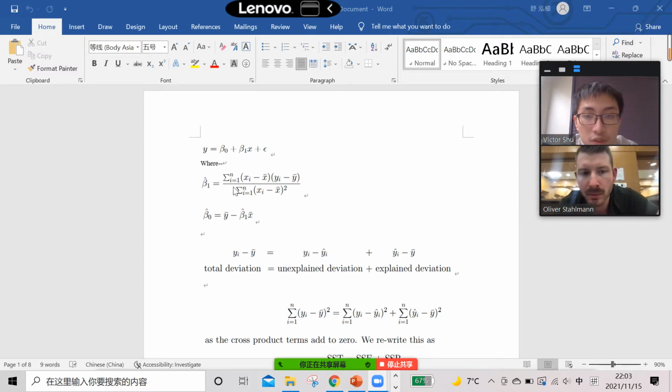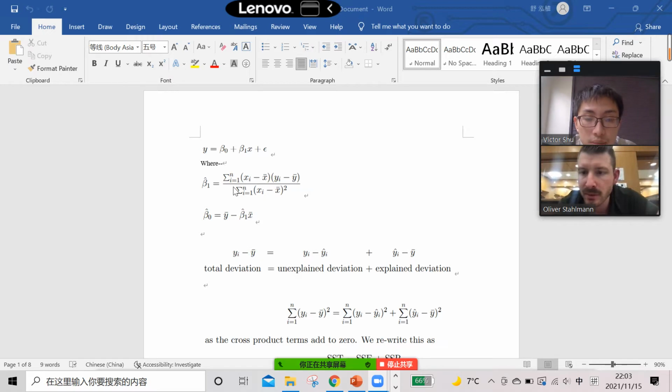Of the first two formulas, actually. No, the first formula, right? It's quite literally the first formula, except instead of y, it's y bar, and instead of beta, it's beta hat, right?